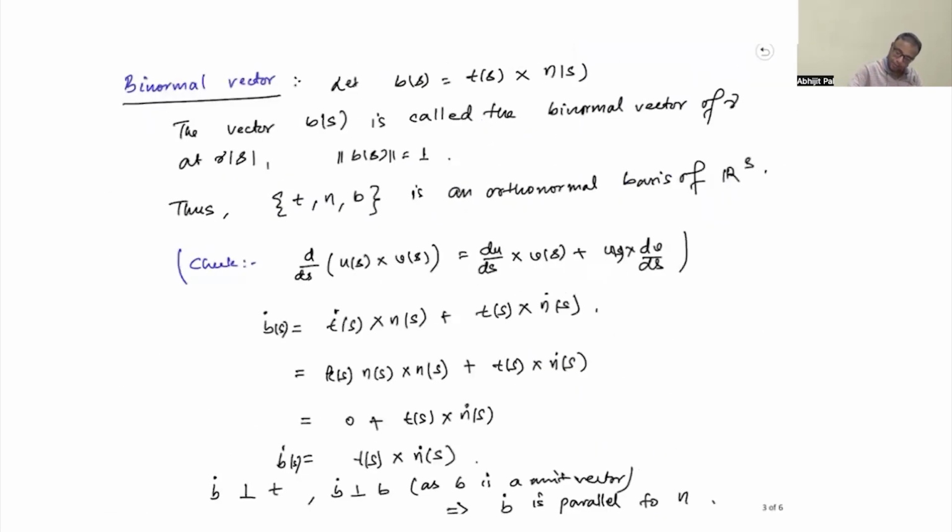I'm just putting this here. So therefore this is equal to minus 1 by k, γ double dot product with this vector.